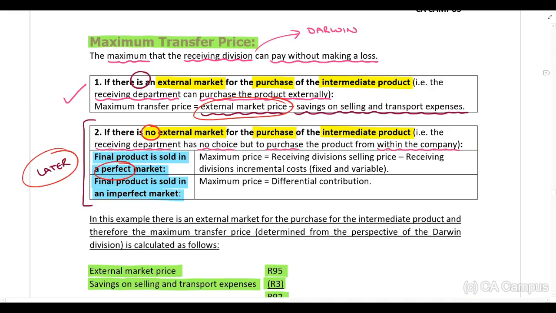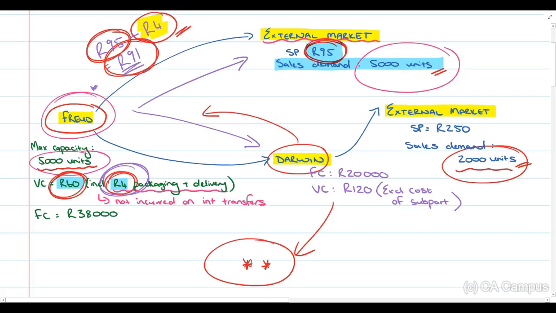How do I know I'm dealing with a perfect market? The selling price for this product is 250 Rand. The selling price does not change with a change in volume.